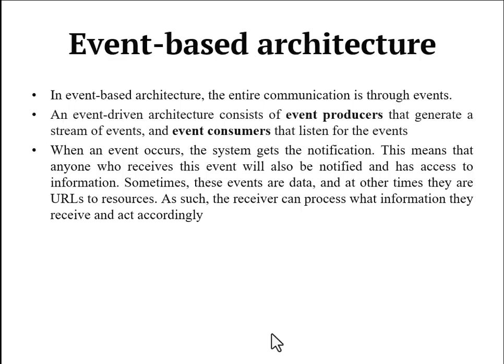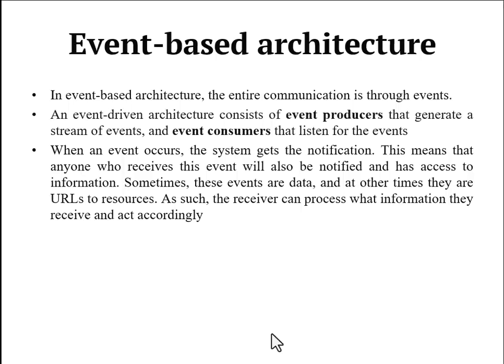So there are two things. One is the event producer, where the user produces the events, and one is the event consumer, or we can say the event listener. When an event occurs, the system gets the notification. This means that anyone who receives the event will also be notified and has access to the information. The consumer or receiver will wait for the event producer.